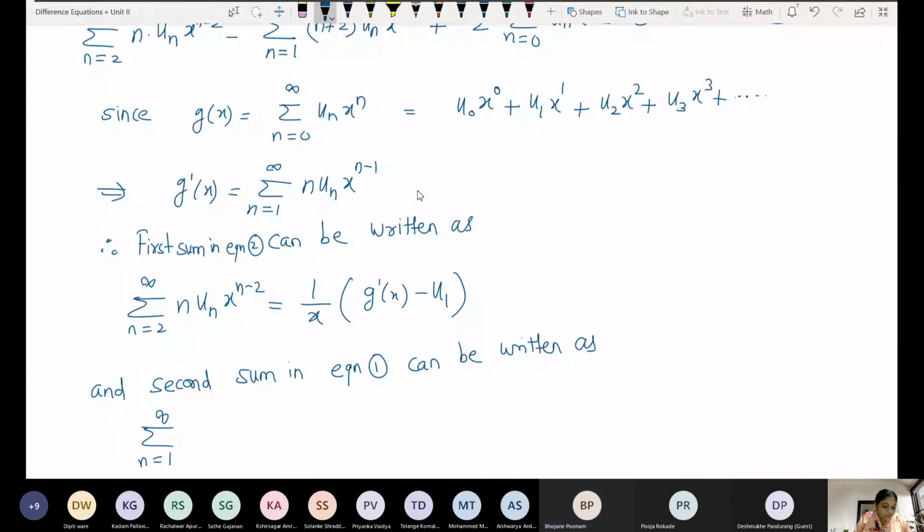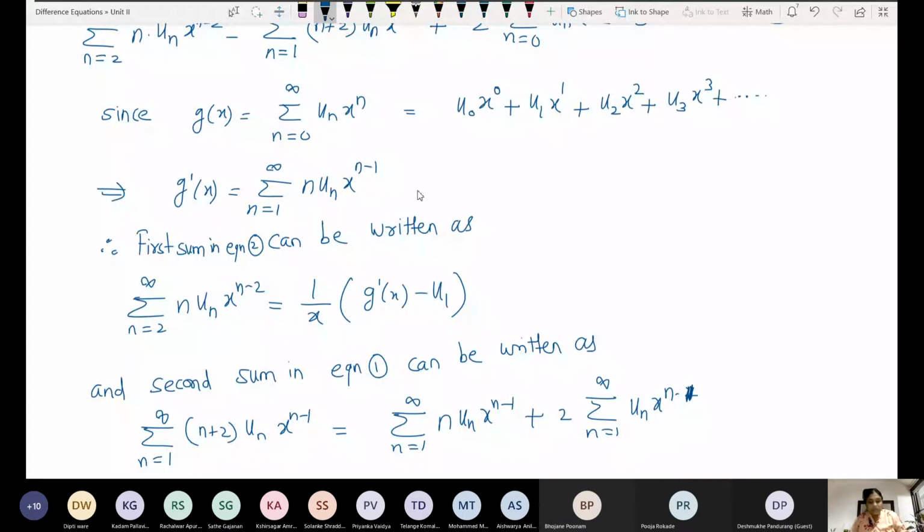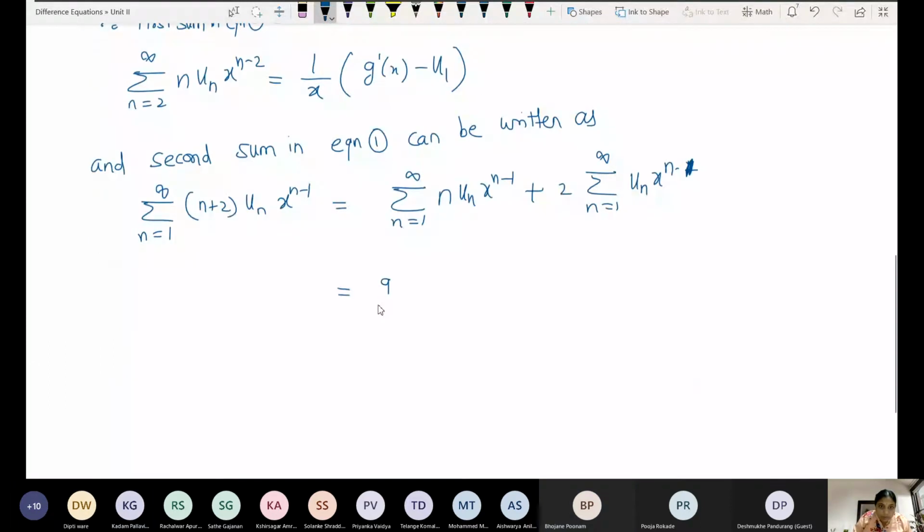I can write this as summation n is equal to 1 to infinity n un x raised to n minus 1 plus 2 times summation n is equal to 1 to infinity un x raised to n minus 1. Okay, so what is n un x raised to n minus 1? That is nothing but my g dash of x.